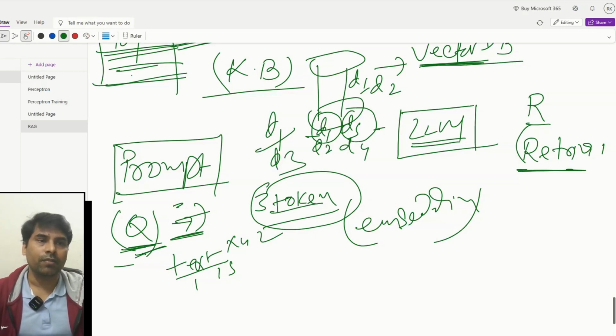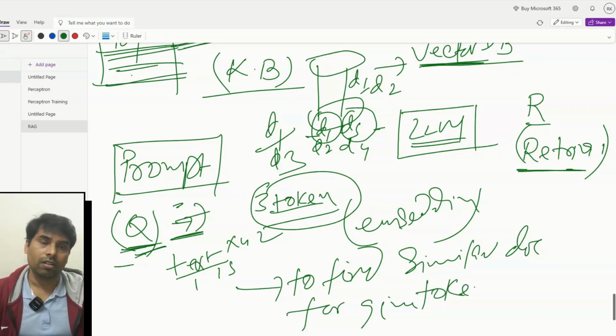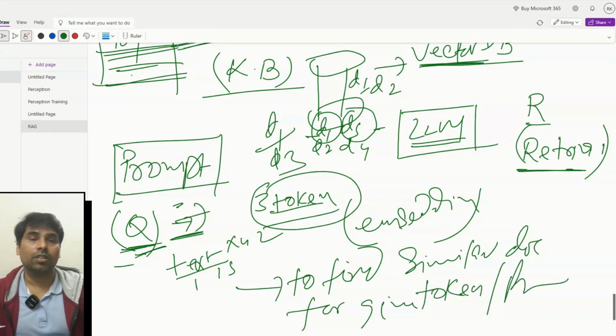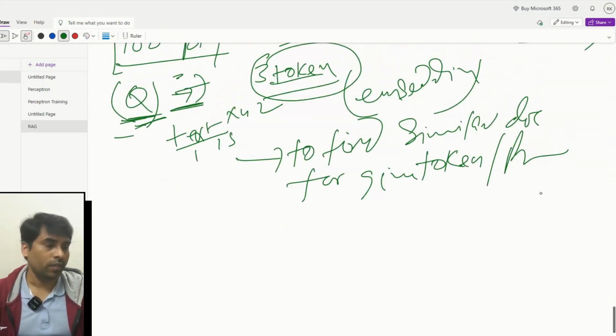So it is called retrieval. This process to find similar documents for a given token, or you can say prompt, is called retrieval.